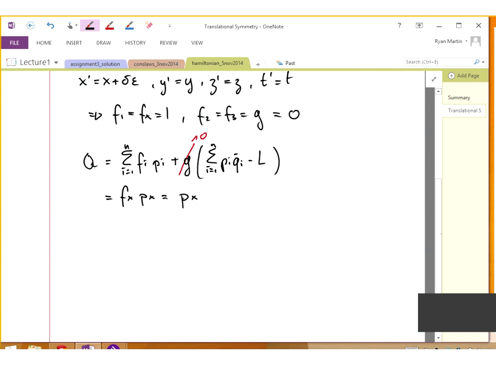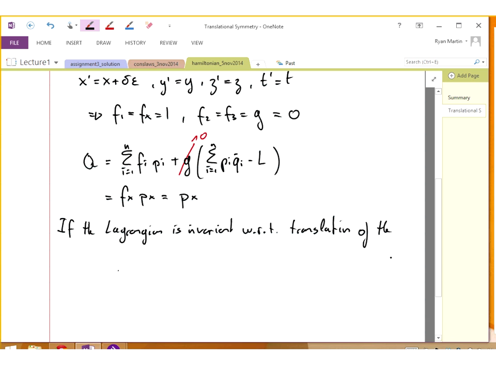If we put that into words, if the Lagrangian is invariant with respect to translations of the x-axis, then momentum in the x direction is conserved.